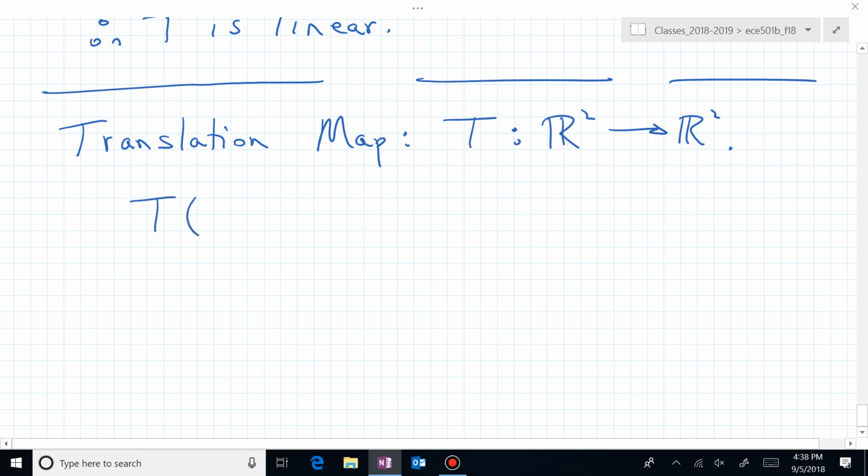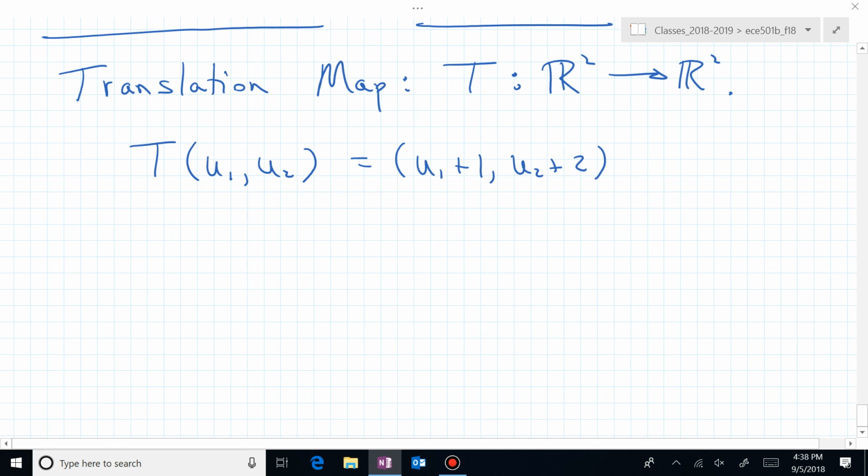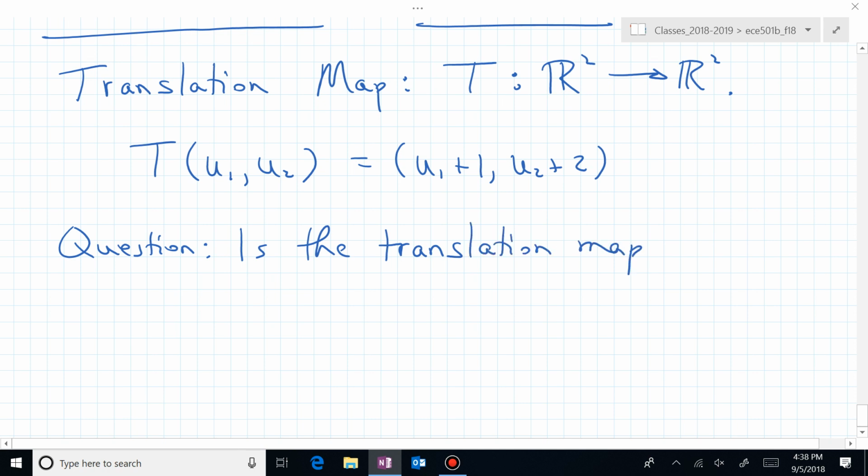And let's define T applied to a 2-vector (U1, U2) to be (U1 plus 1, U2 plus 2). And I'm sure you can finish what I'm wanting to say on the question: is the translation map linear?